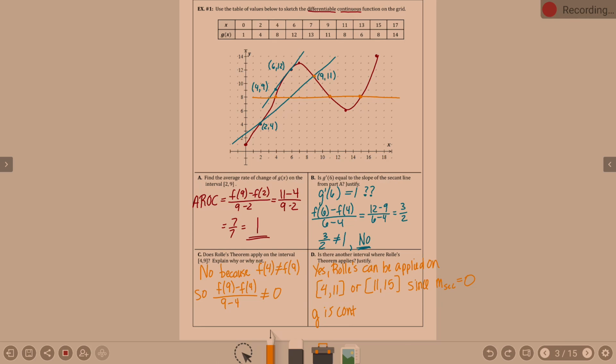So G is continuous, and, bless you. Okay, that's enough, that was more than 3, wasn't it? Continuous and differentiable on the 4 to 11 and 11 to 15.